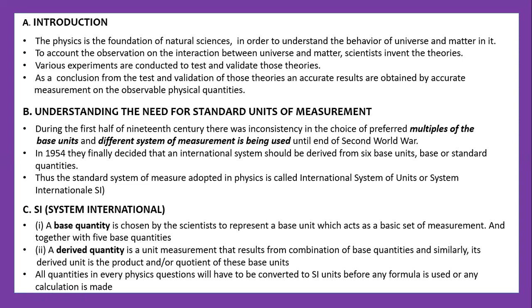Meanwhile, a derived quantity is a unit of measurement that results from a combination of base quantities, and similarly, its derived unit is the product and quotient of these base units. All quantities in every physics question will have to be converted to SI units, System International, before any formula is used or any calculation is made.